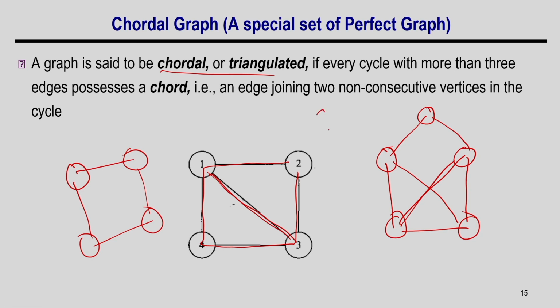This is also a chordal graph because there is no cycle of size 4, so although there is no chord, it is still chordal. So, the chordal graph is a subset of perfect graph, and perfect graph is a subset of generic graph.